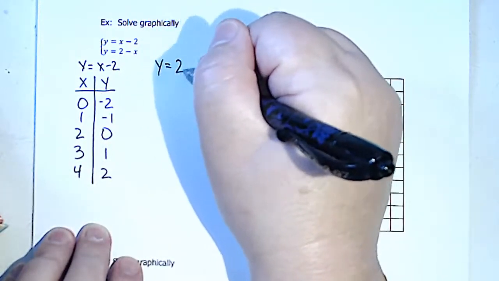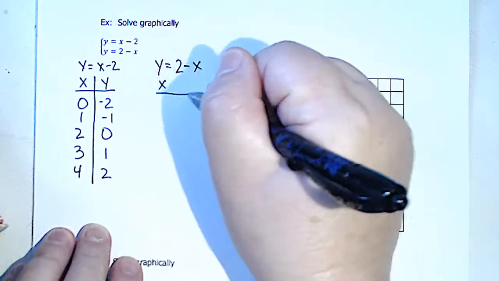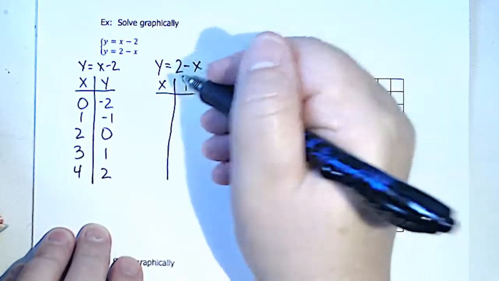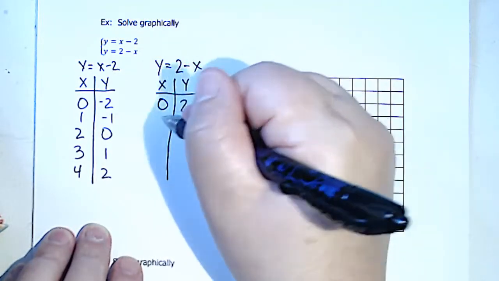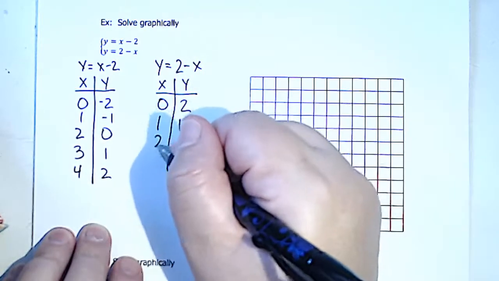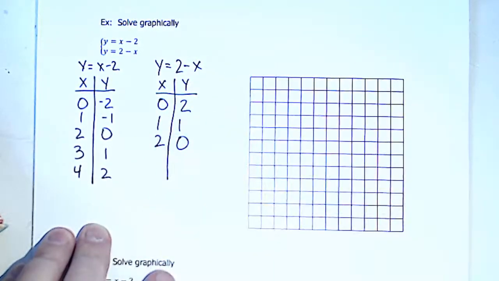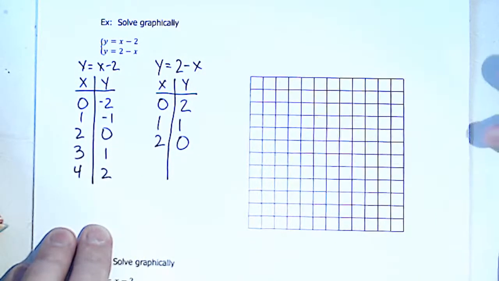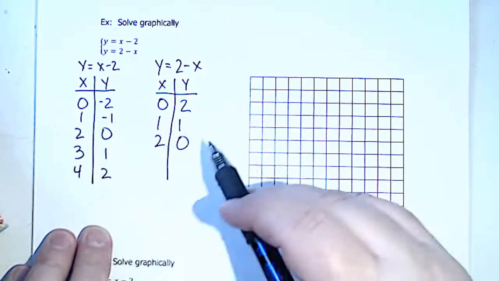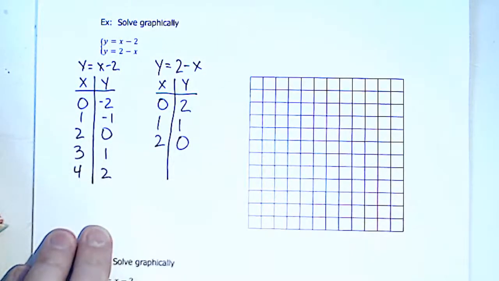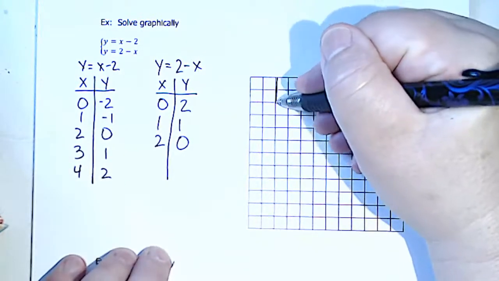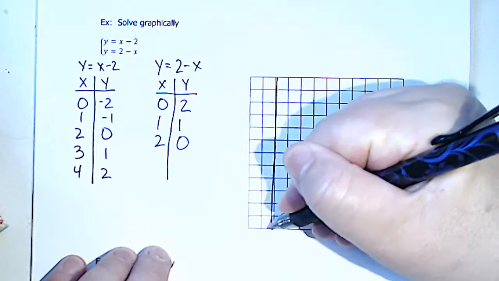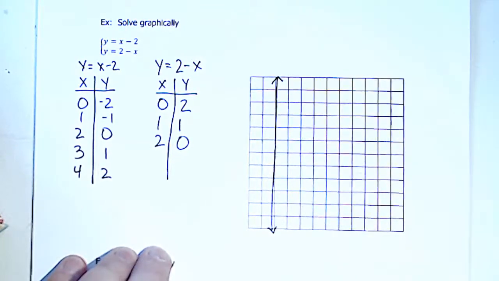And for y equals 2 minus x, I've got 0, 2, 1, 1, 2, 0, and that was it. So we've got these two tables of values, two different lines. And so I'm going to look at all the points involved. Mostly I just looked at positive values for x. So that means I can put my y-axis over here to the left, give myself some space to the right.